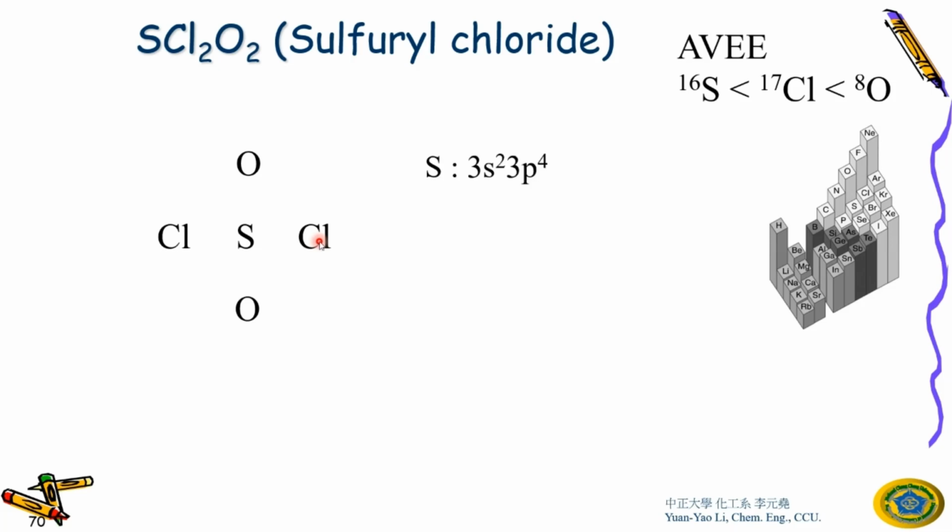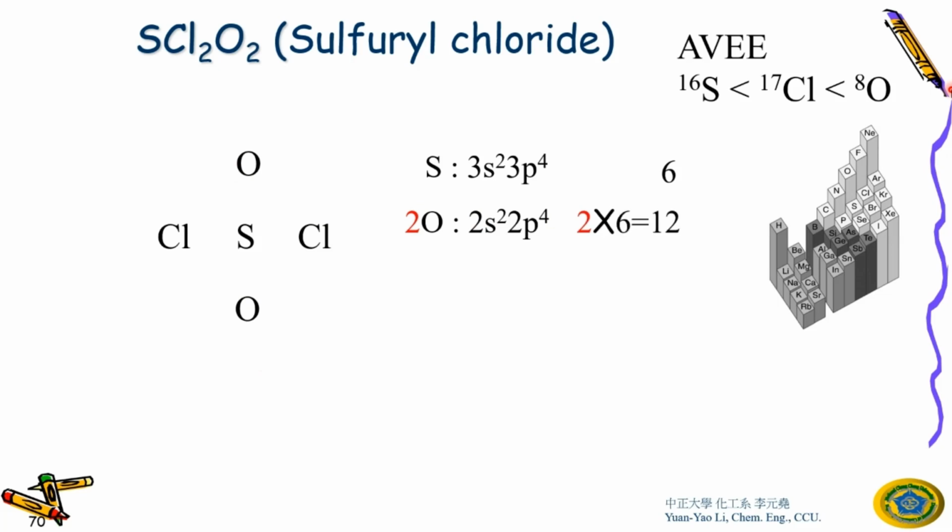Okay, so the first one is sulfur. Sulfur has 3s2, 3p4, so you have 6 electrons. And then oxygen, you have 2s2, 2p4, which means 6 valence electrons. But because you have 2 atoms, you put 6 electrons times 2, which becomes 12.